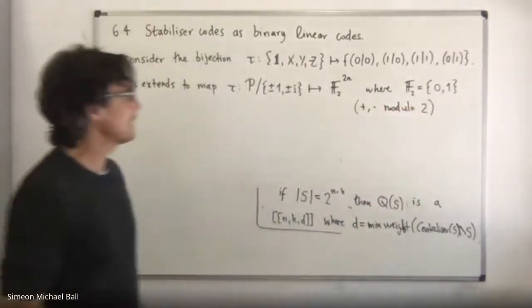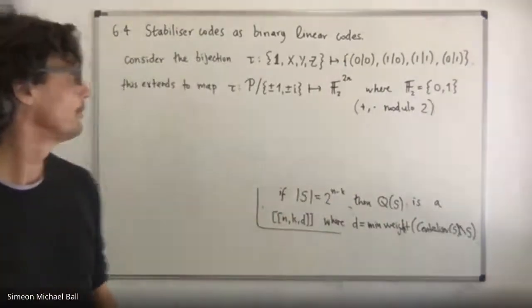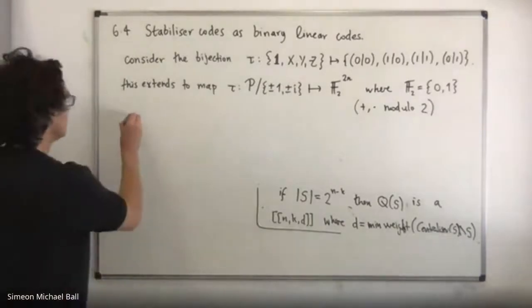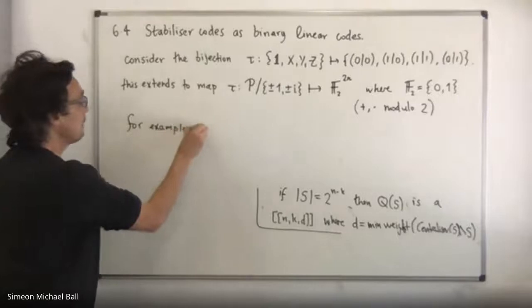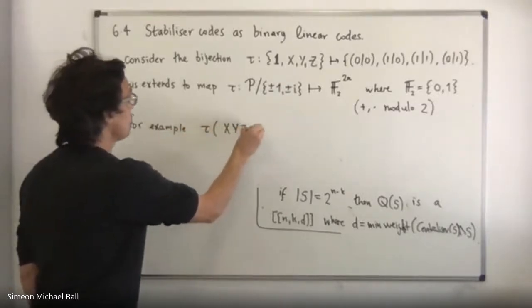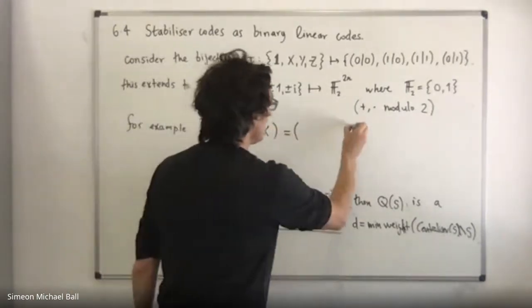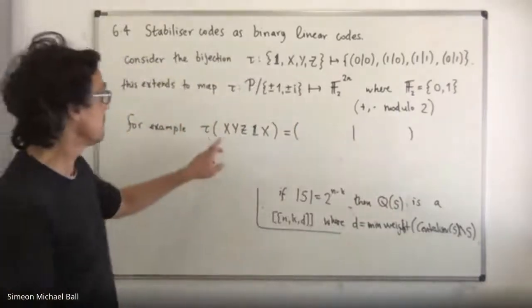Here is a field where addition and multiplication are modulo 2. So for example, if we had tau of, let's say, x, y, z, 1, x, I write it like this, in two sets of zeros and ones.